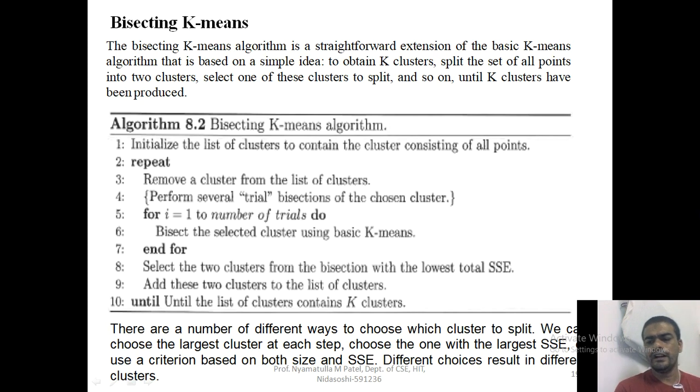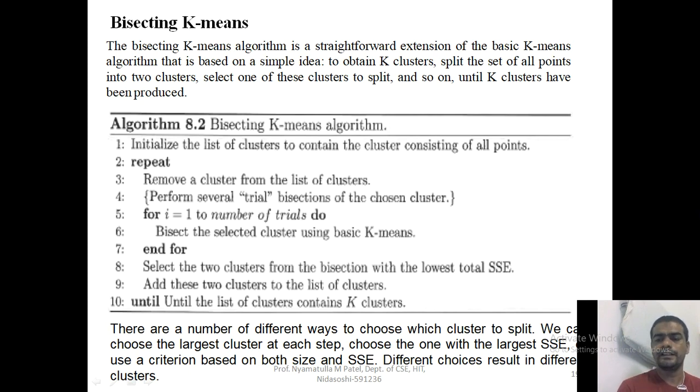Now there are a number of different ways to choose which cluster to split. When you have a number of clusters available, which cluster do I need to take? One approach is to choose the largest cluster at each step.